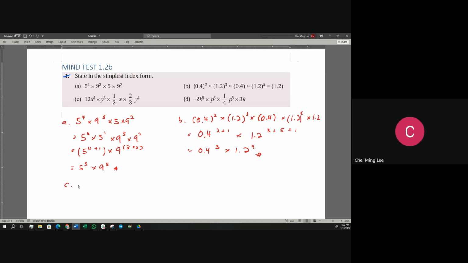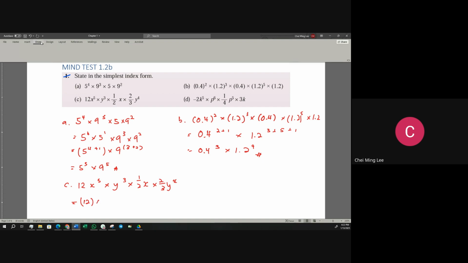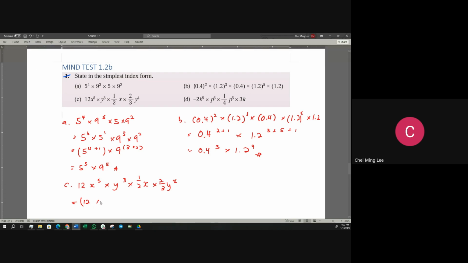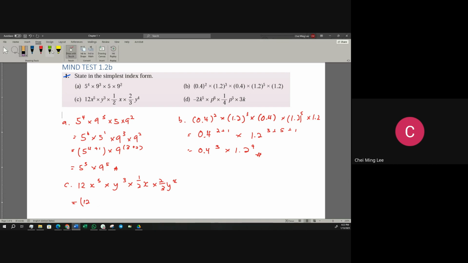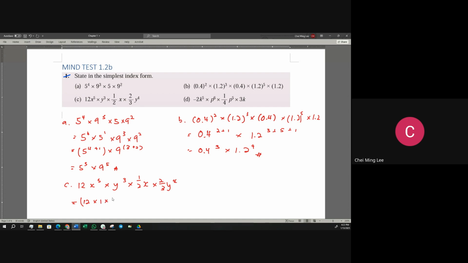Okay, for C: 12x to the power of 5 multiplied by y to the power of 3 multiplied by 1 over 2x multiplied by 2 over 3y to the power of 4. I straight away do it, because although you need to do this step, I just do it straight away. So for this one, first the numbers: 12 times 1 times 1 over 2 times 2 over 3.